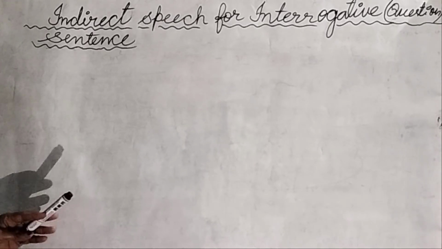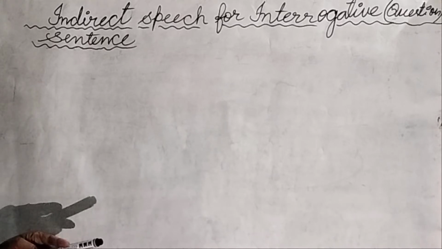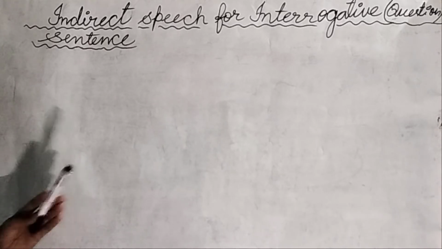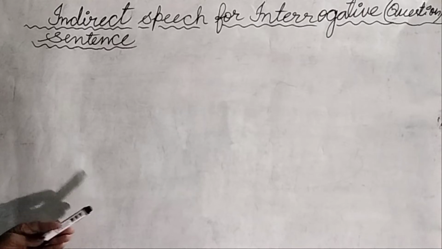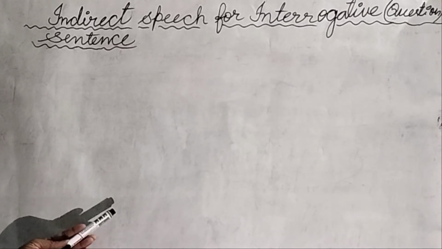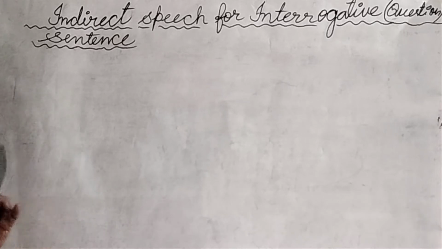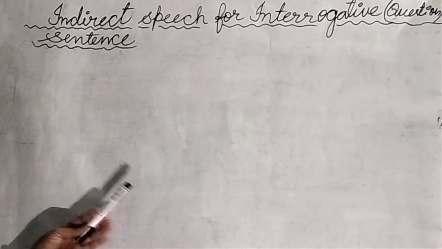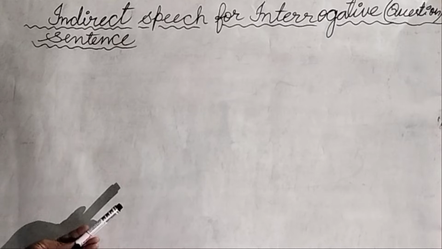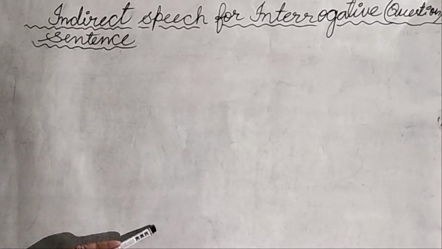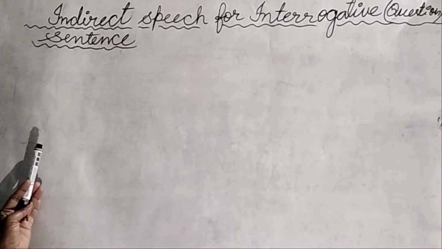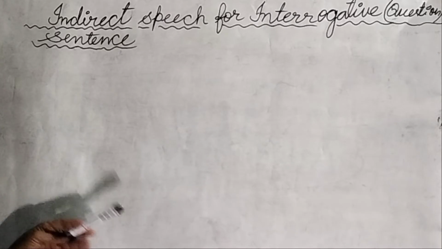To change a question into indirect speech, the word if or whether is used before the question in indirect speech. Rules for change in tense of a question sentence are the same as for normal tenses in indirect speech. But the sentence will not start with the auxiliary verb of the tense.